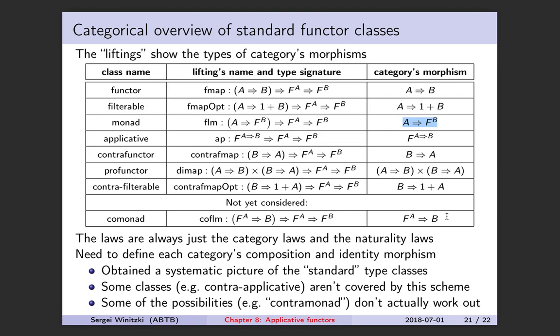And we can generalize. Comonad is one example that follows from this scheme with this choice of the morphism type. Some possibilities like contramonad, when you try to do monad and you do B to F of A, for example, don't seem to work. Some classes like contrafunctors, applicatives, don't seem to be covered by this scheme.